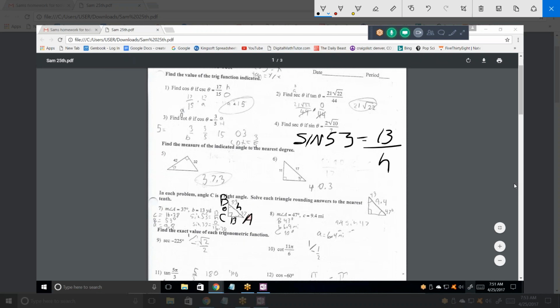Okay, number 8. This is A. And since that's C, that must be B. And we got C of 9.4. And we want to know what little b is for little a. That's the conventional way of labeling triangles, is you use the capital letter for the angle and you use the small letter for the side length.